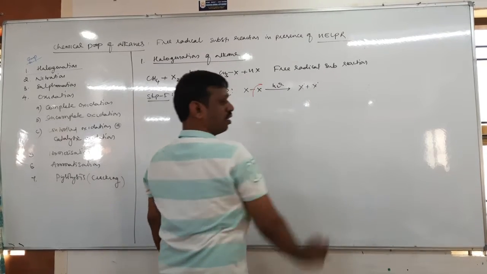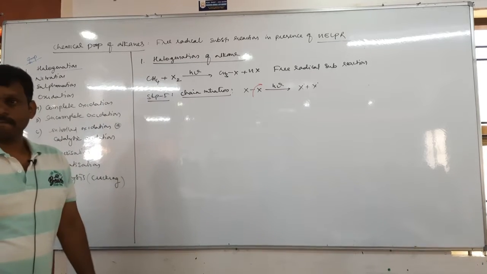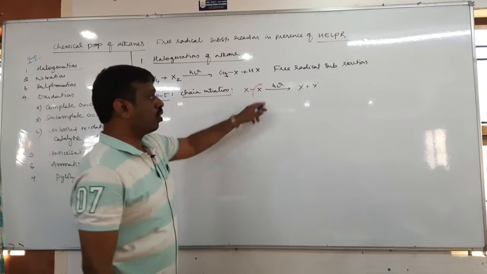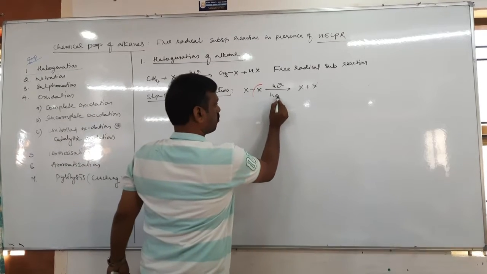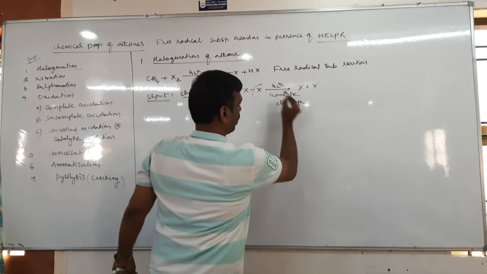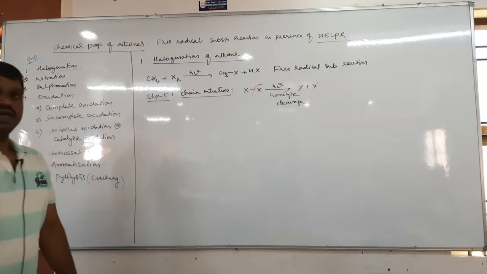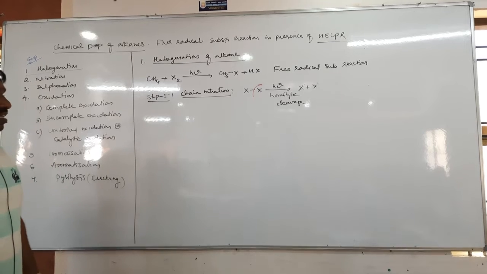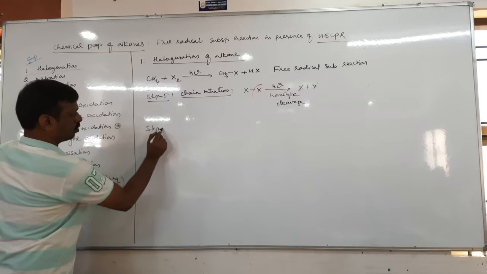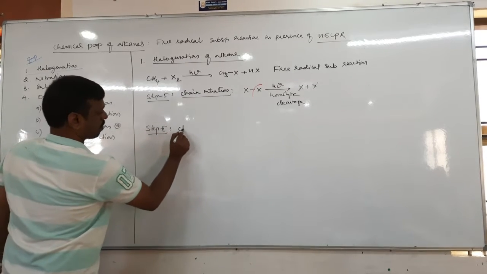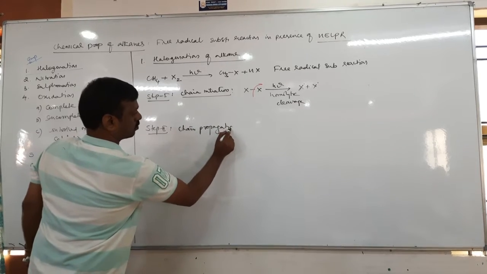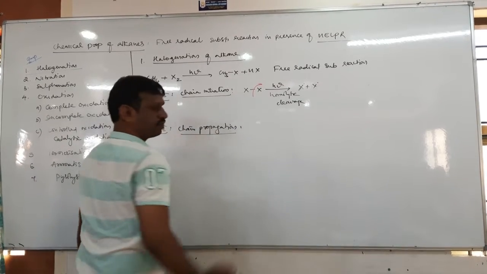You will get the X free radical. So therefore, halogen undergoes homolytic cleavage in presence of sunlight. They form halogen free radical. This is chain initiation. Next, step 2, chain propagation.